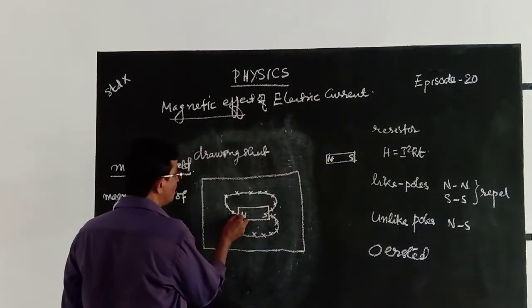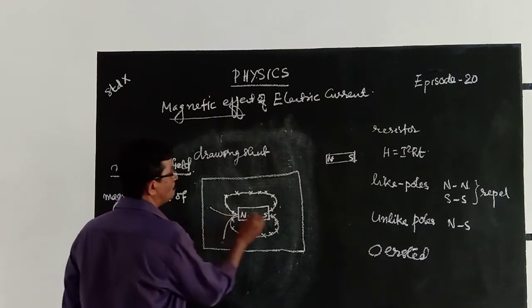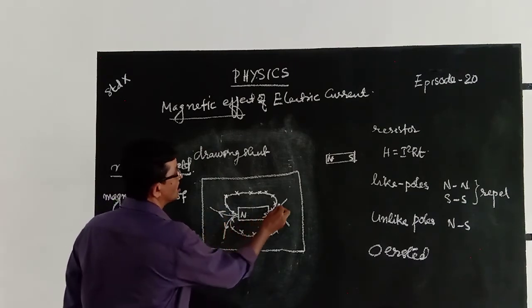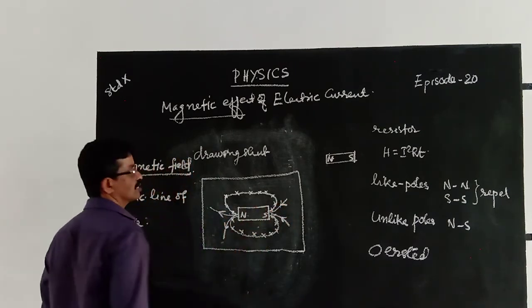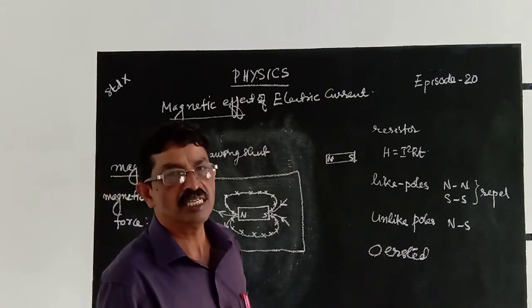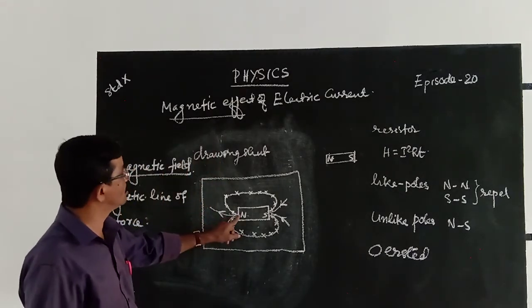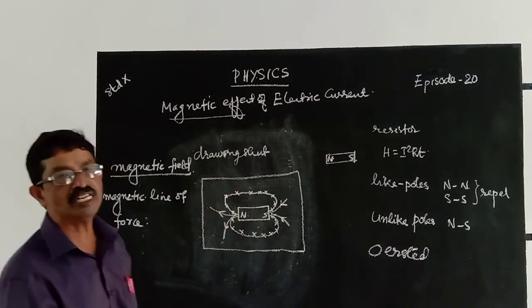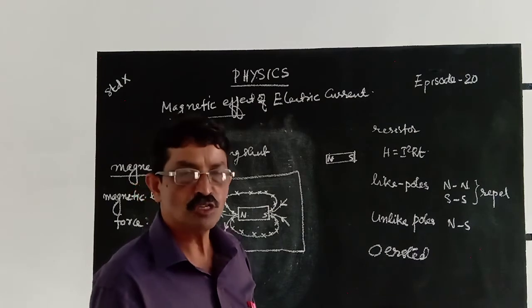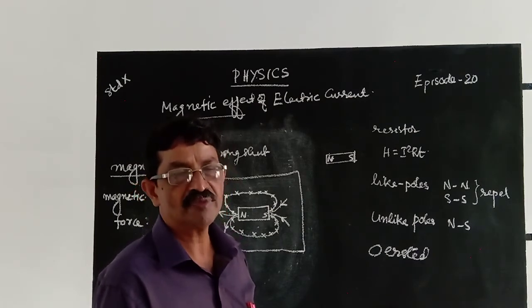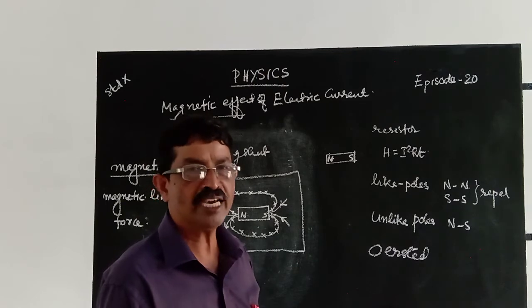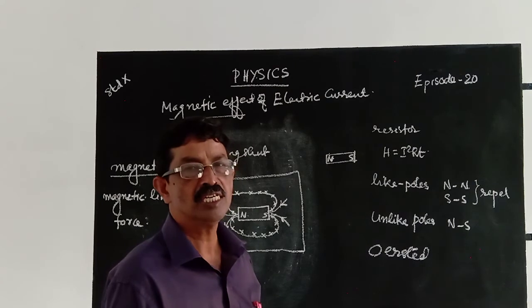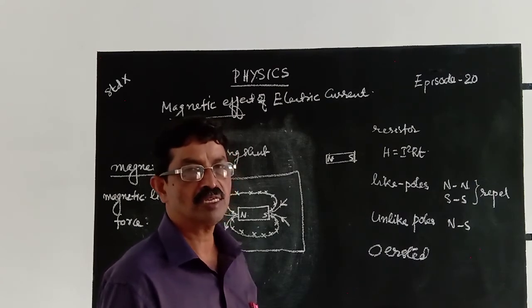See here, this magnetic line of force: conventionally, the direction of the magnetic line of force is the direction in which the North Pole moves.